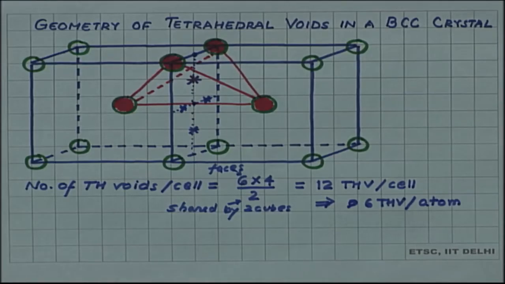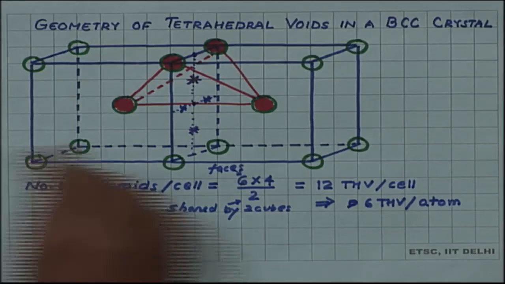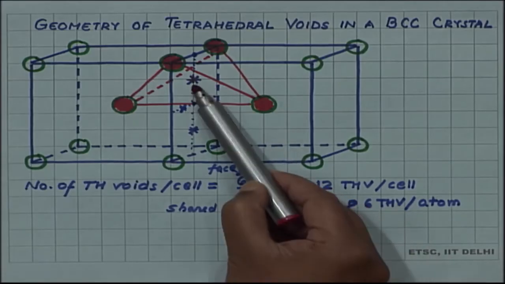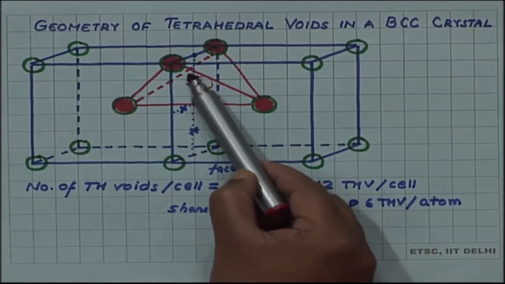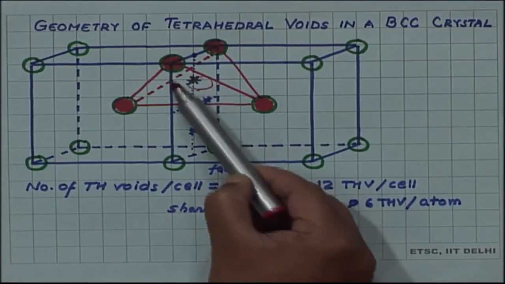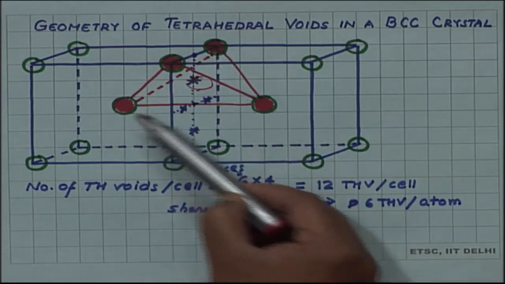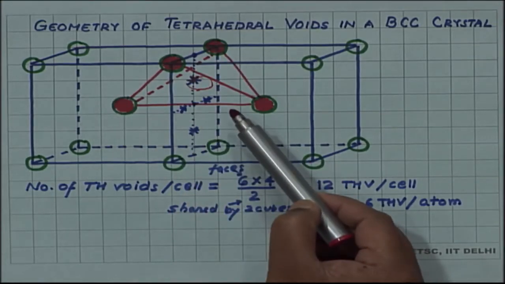Now, we should do the calculation like we did for the closed packed structure for the regular tetrahedral void. For this irregular tetrahedral void also we will like to find the largest atom which can be located at the centroid. What is the largest atom which can sit here at the centroid without disturbing the corner atoms?